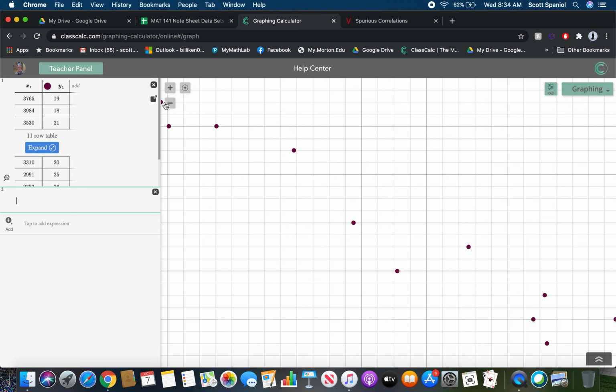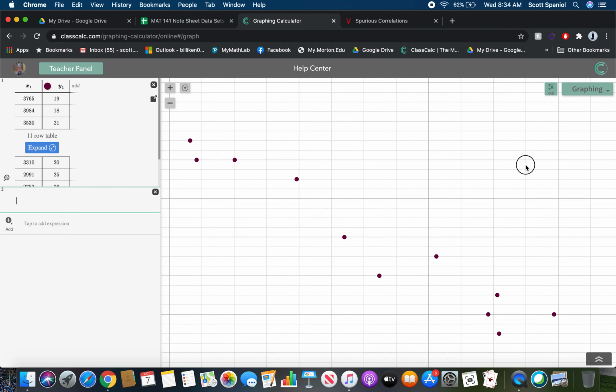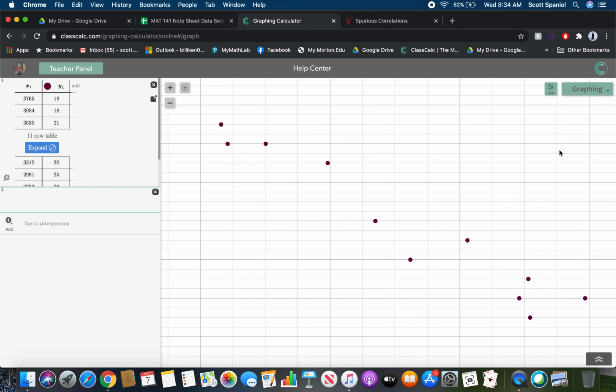It goes ahead and draws the scatter diagram. If I zoom out a little more, I can see it a little better, although it might move around on you, so be careful with that. But here's our scatter diagram. There's nothing more to it than that. It does all the work for drawing a scatter diagram for you, just by having this table.